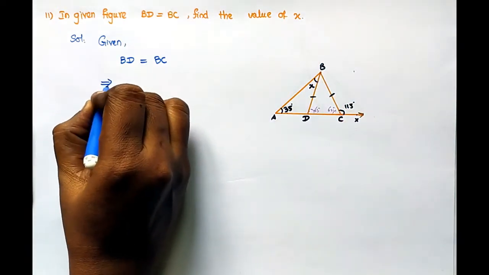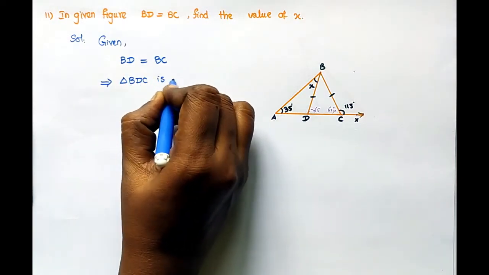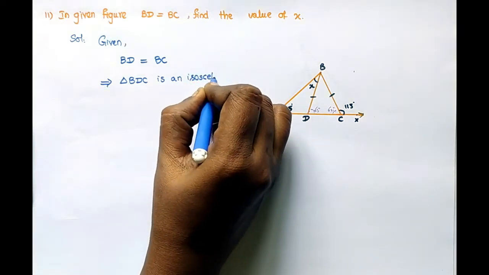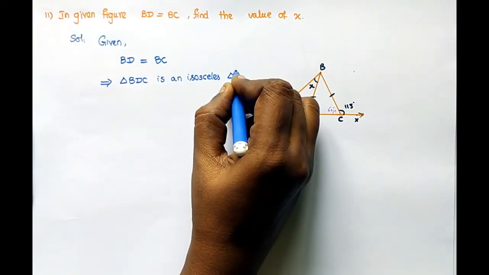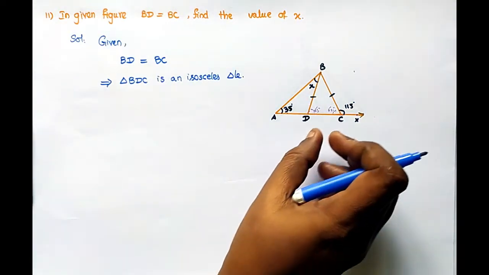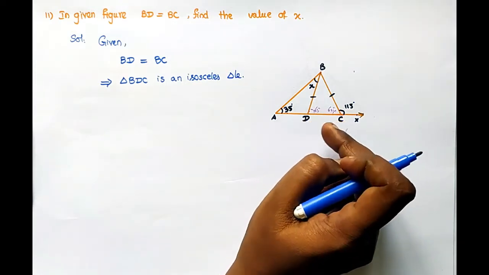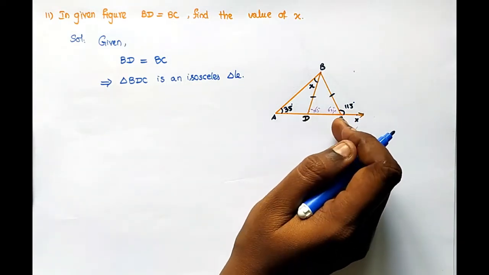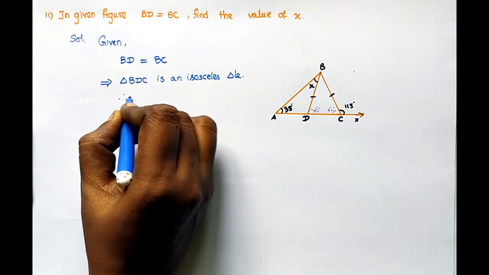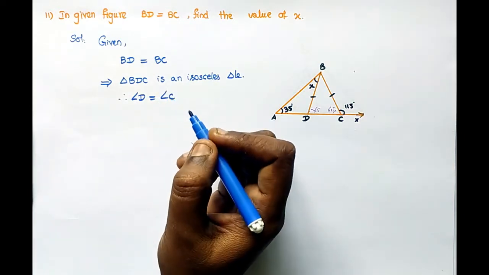So triangle BDC is an isosceles triangle. Isosceles triangle means two sides are equal, so two angles are also equal. Therefore, angle D equals angle C.